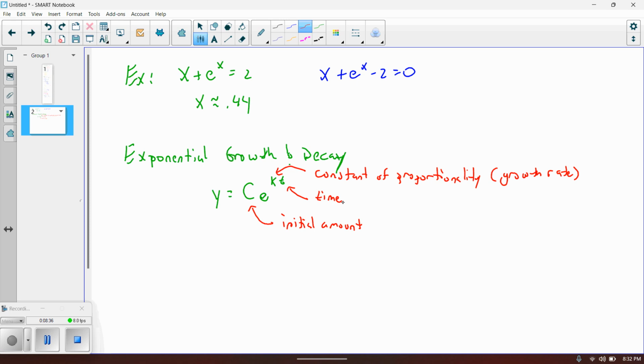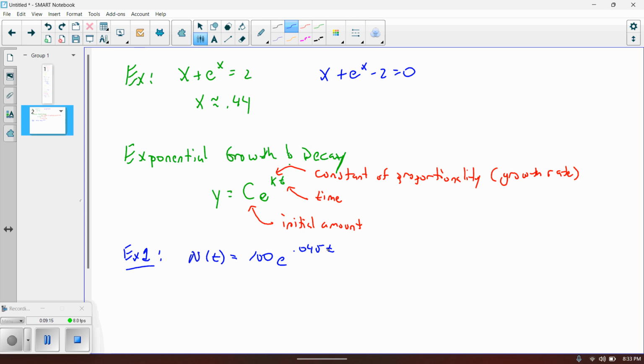So let's go ahead and look at an example. And I do apologize because this is going to be a little bit longer for everybody to write out these problems. But let's assume that we have a function. So I'll call this example 1, where n of t is defined to be 100 e to the 0.045t.